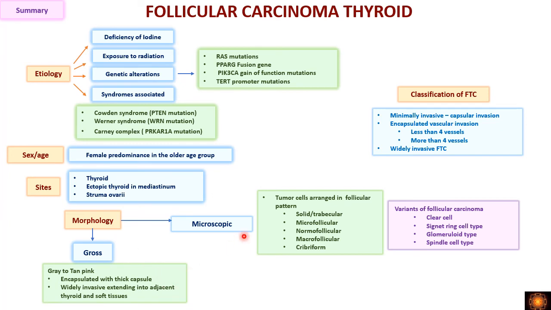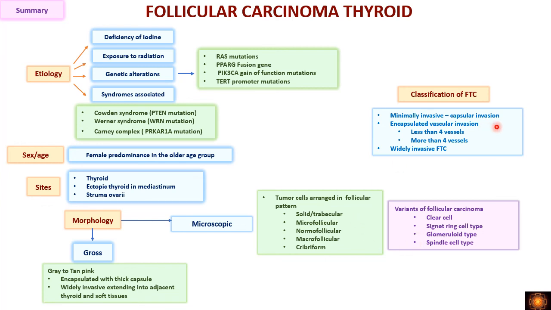And microscopically, again, it can be minimally invasive or widely invasive, and we have different patterns: solid or trabecular pattern, microfollicular, normofollicular, macrofollicular, and cribriform pattern. And in the variants we have 4 types: clear cell, signet ring cell type, glomeruloid, and the spindle cell type.